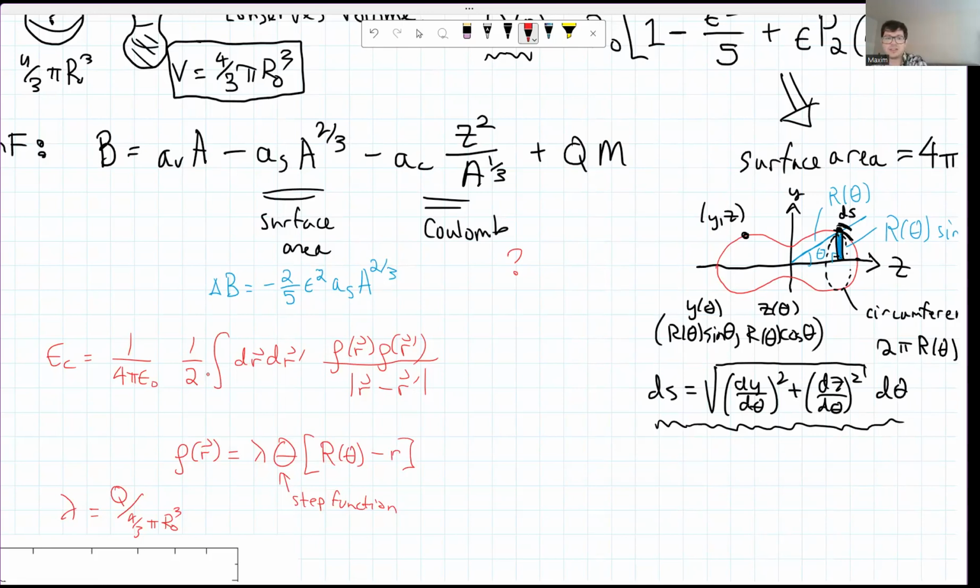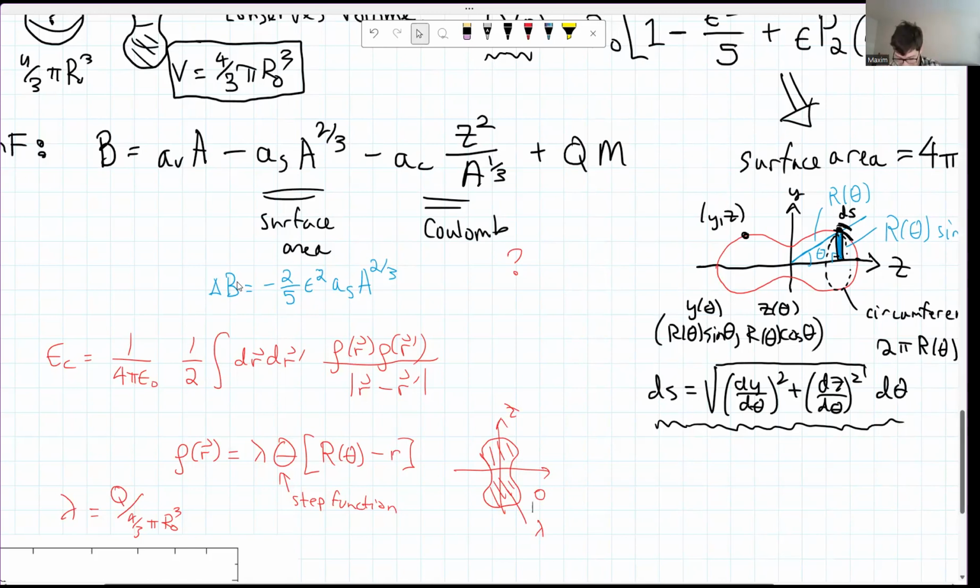It just says that your density looks like, this is z, it's uniform inside the sort of dumbbell shape, some uniform lambda and 0 outside. That's what the step function does. Then you have to do that, and it's a little bit tricky. Tough integration.